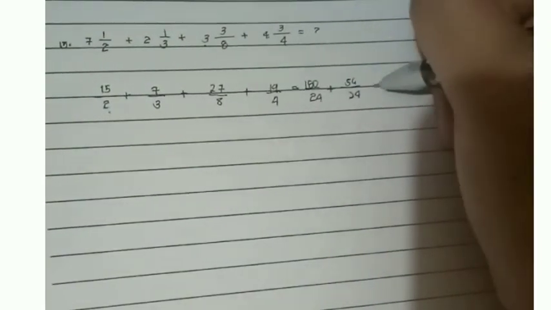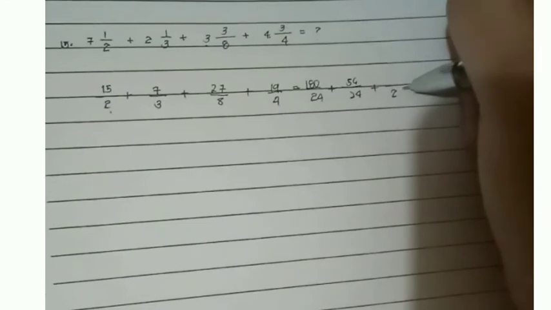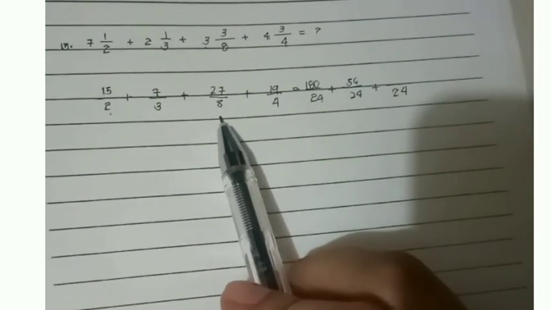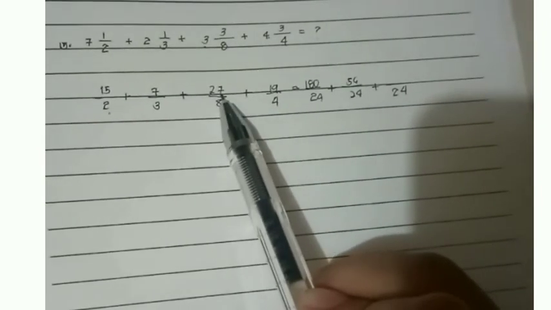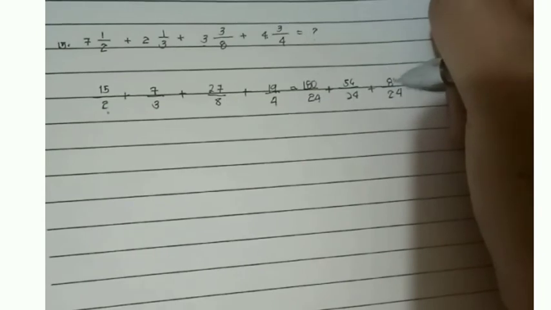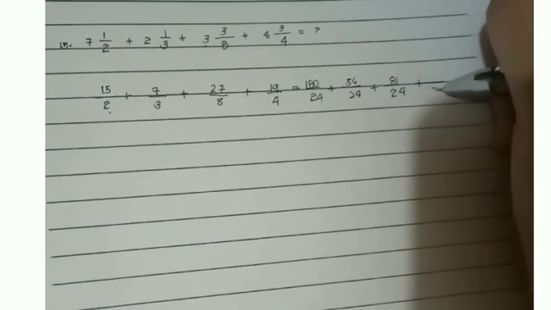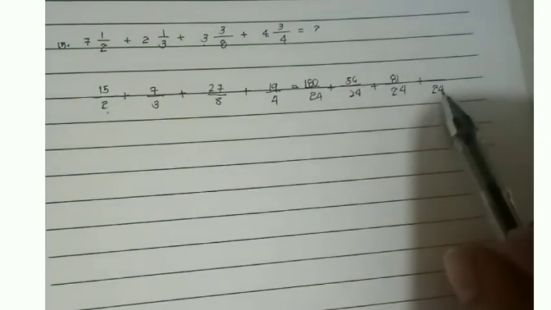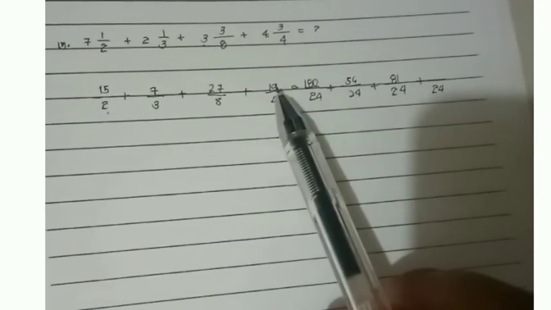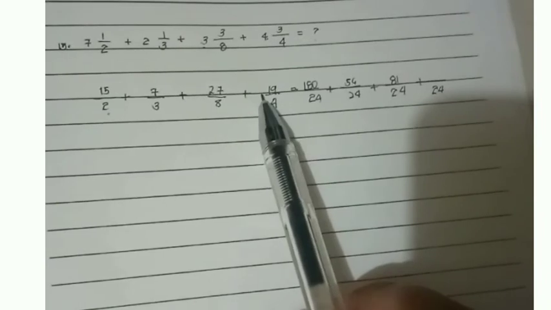Next, 24 divided by 8 is equal to 3. 3 times 27 is equal to 81. Next, 24 divided by 4 is equal to 6. 6 times 19 is equal to 114.